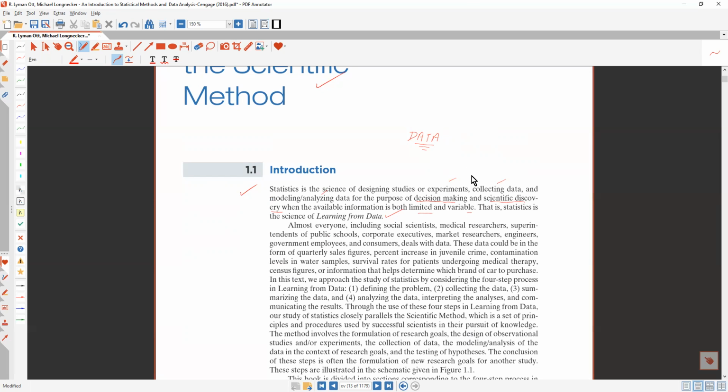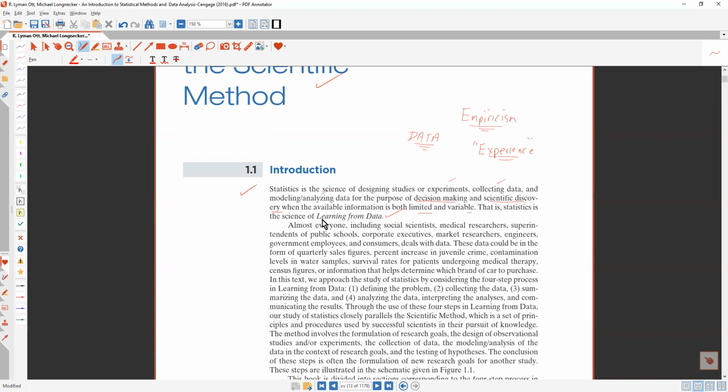There's a tradition in the accumulation of knowledge called empiricism, okay? Empiricism. The idea of empiricism means learning from experience. Okay, that's the tradition in which science operates, is learning from experience.